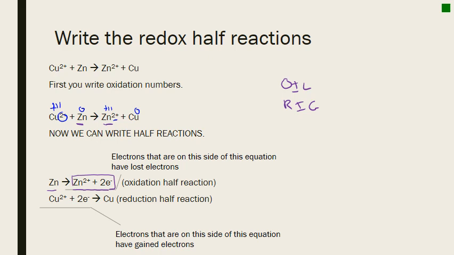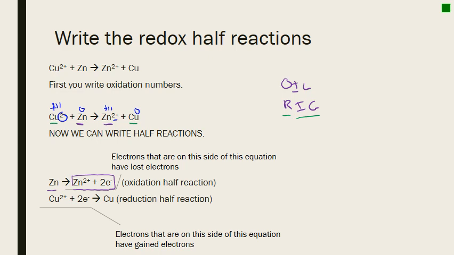And then let's look at Cu. Cu2+ became Cu. So it had a 2+ charge and then became a 0 charge, okay? For that to have a positive charge and to become 0, it must have gained electrons. And remember, reduction is gain of electrons.